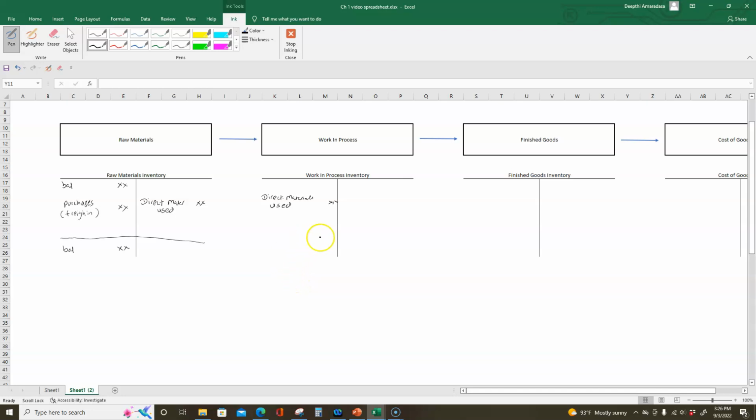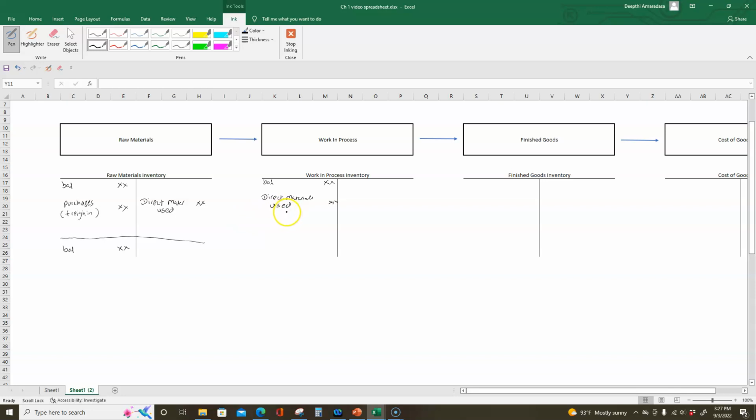What else happens now in the work in process inventory? In the work in process inventory, we know that if there was any work in process inventory during the beginning of the period that was incomplete, that would show up here because work in process inventory is also an asset item. We got the direct materials used that, once the production starts, we requested and they got transferred to the factory floor.